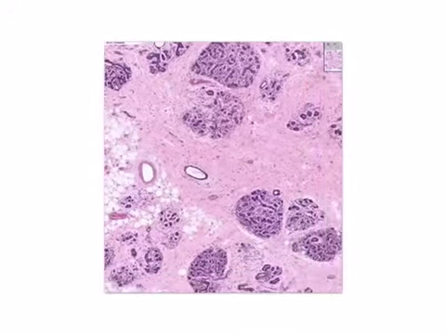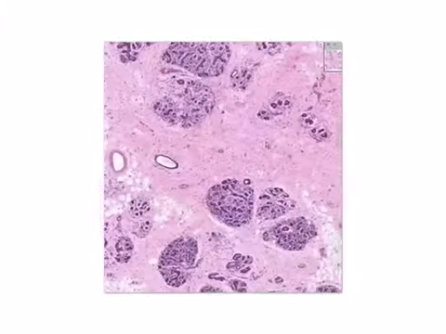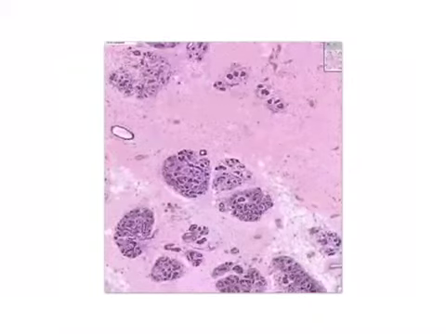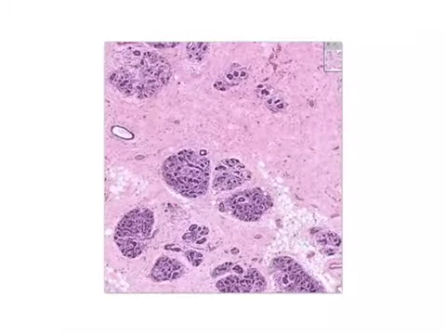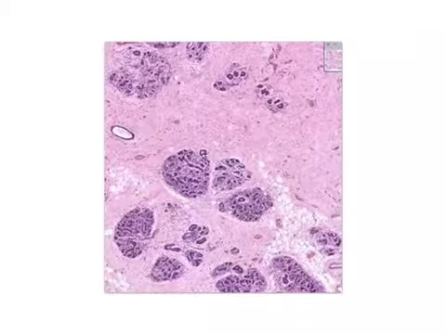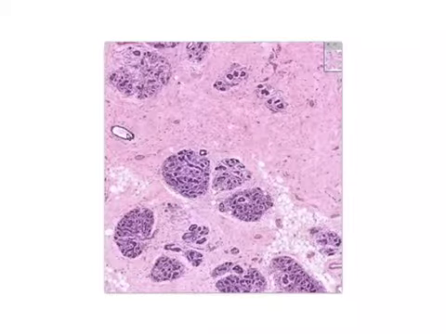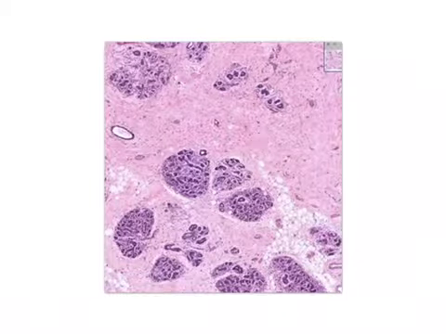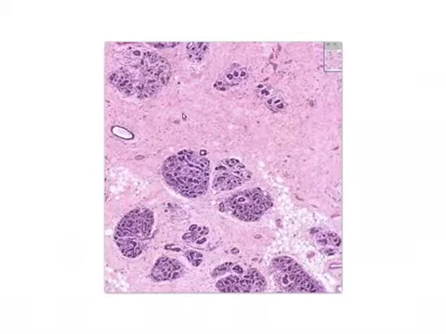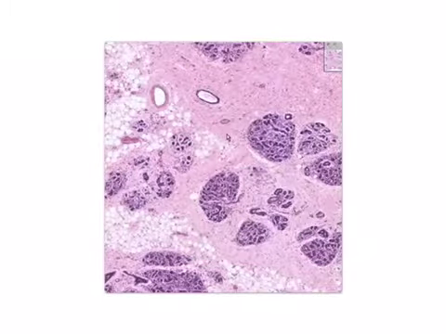Well, this is shotgun histology, and is there anything here you can't identify? You can identify lobules. You can identify small acini. You can identify ducts. You can identify bigger ducts. You can identify connective tissue called stroma, chiefly fibroblasts and collagen. You could identify fat.